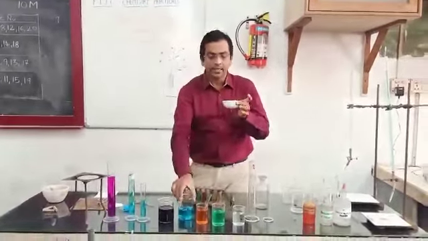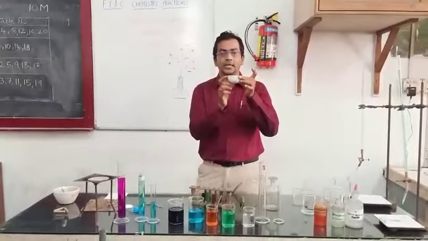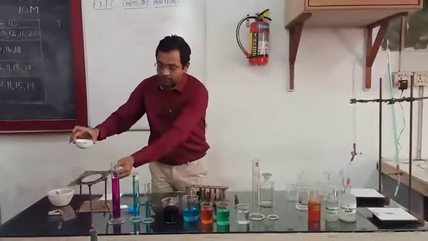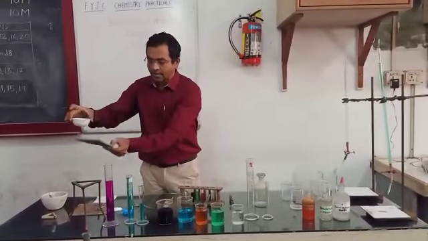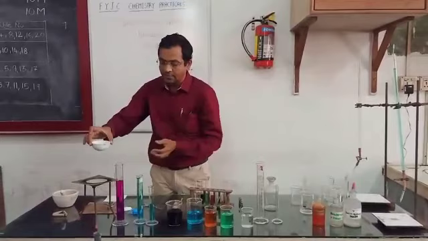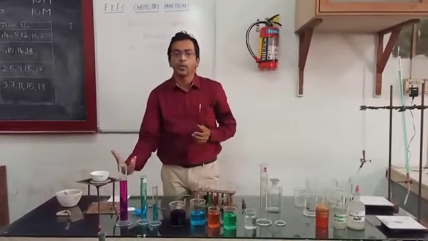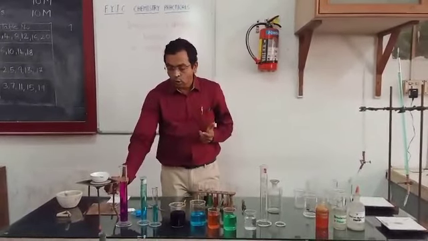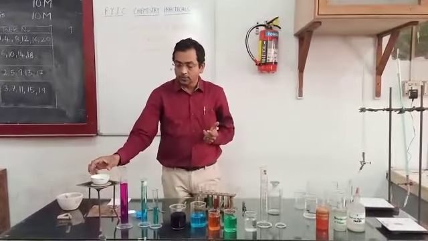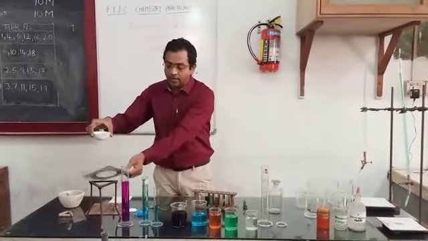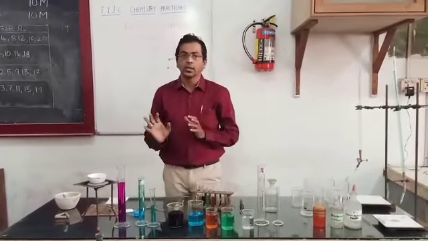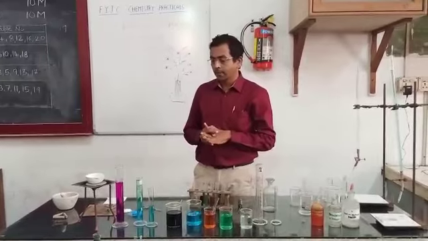So I will take that in a china dish and keep it on this wire gauze, which I keep between the tripod stand and the china dish so that it will be uniformly heated. So you can say it is used for holding. The use of this wire gauze is that the flame should be uniformly distributed and the solution should be uniformly heated.